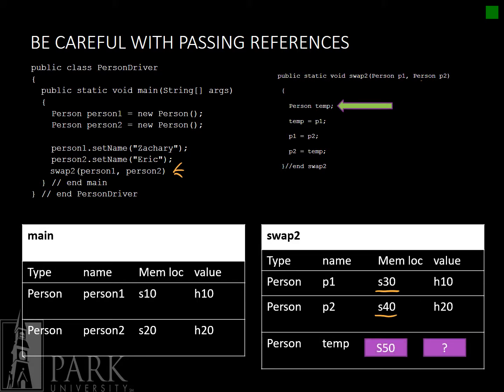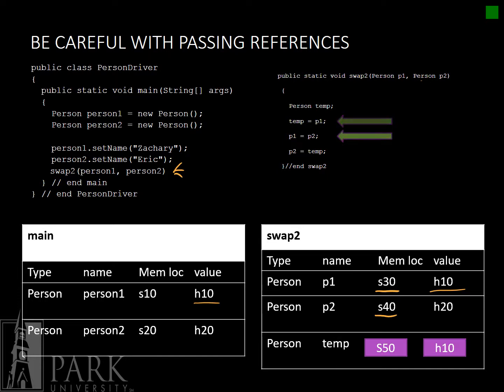So we're going to create this new person called temp, right? And we're going to assign it to P1, right? So P1 now stores H10, so it stores the memory address 10 on the heap. So you can see P1 and person 1 and temp all point to the same object.